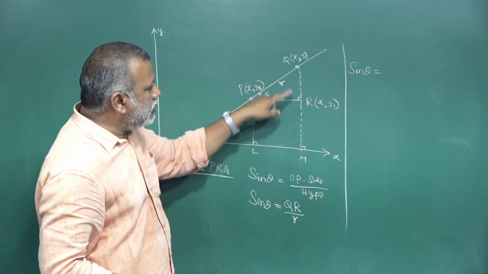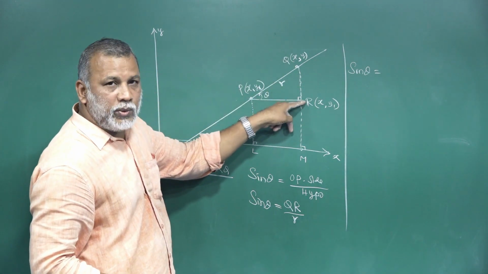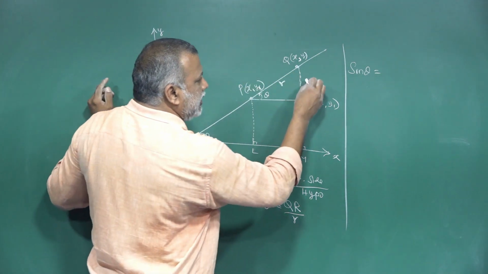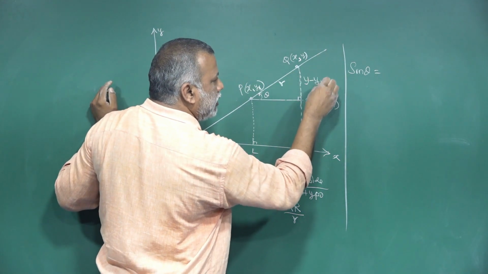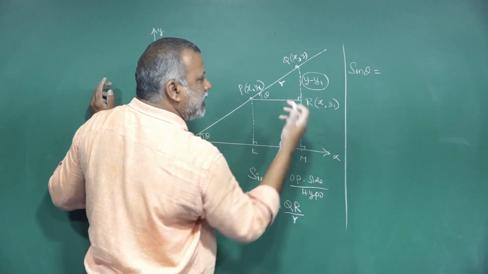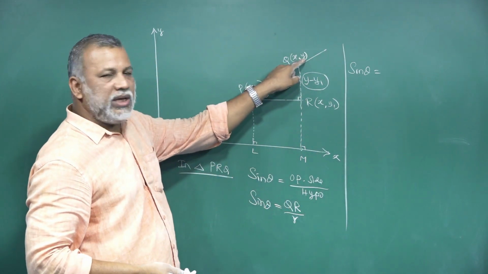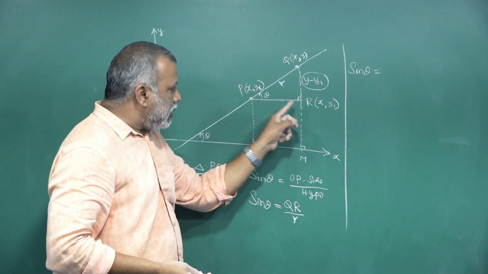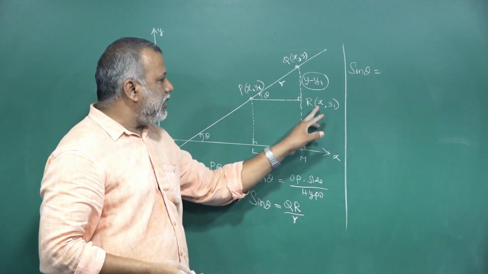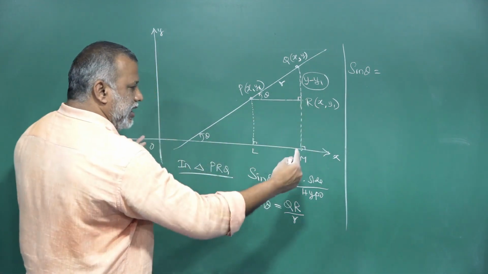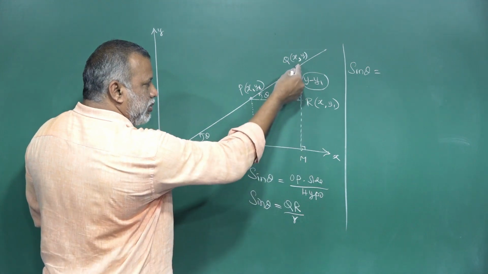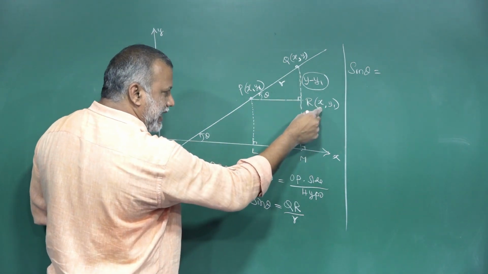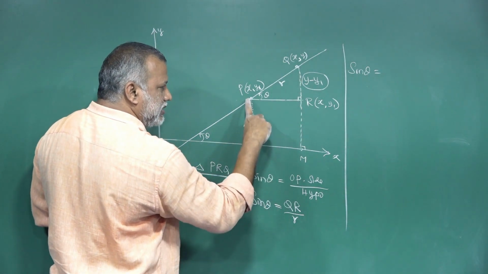See, the highest value is y, then y1. So this distance must be y minus y1. So you have to derive this one. x, y is this point. So the coordinates of R are x, y1. The meaning is, from the origin to this, how much value? The x coordinate value is x. Then the y value is this one, y1.